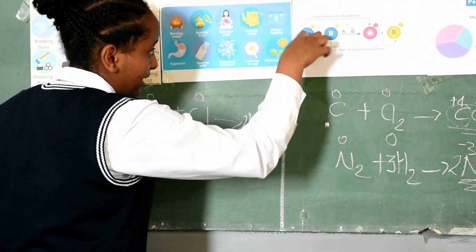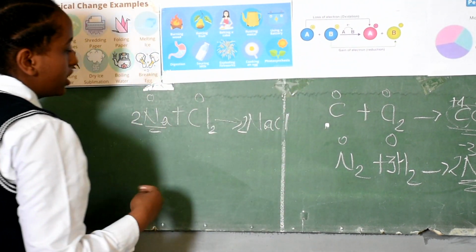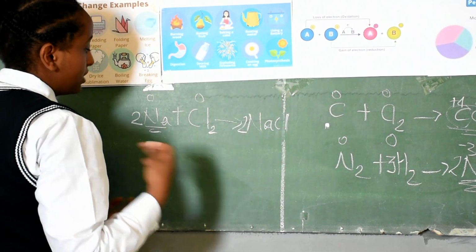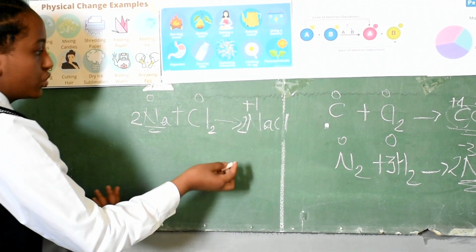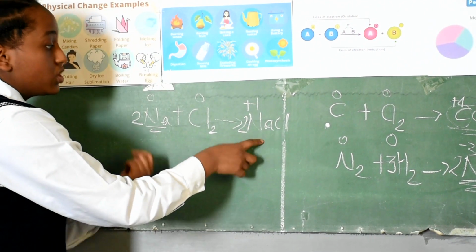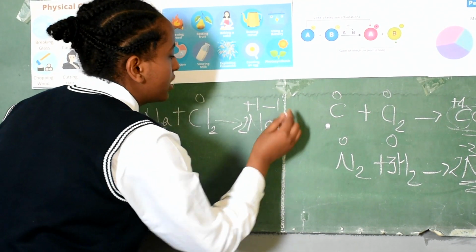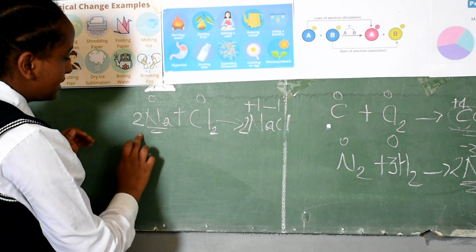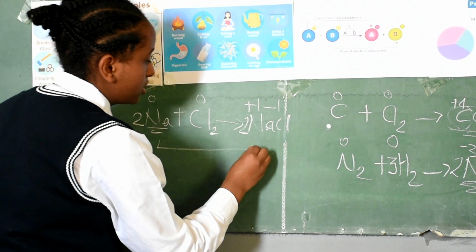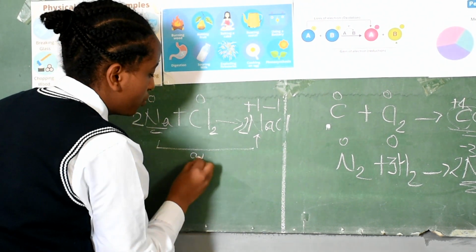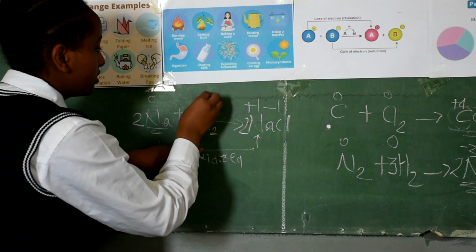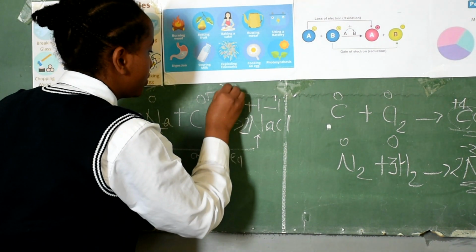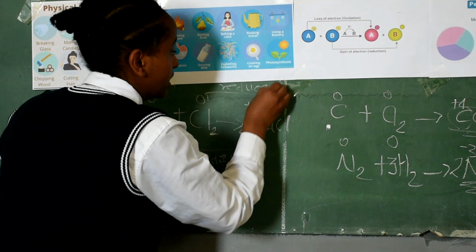And when an element loses an electron, its oxidation state increases. So it becomes +1, while chlorine gains the 1 electron that has been lost by sodium, so it becomes -1. So here we can see that sodium got oxidized, which means its oxidation number increased, while chlorine got reduced, which means it gained an electron.